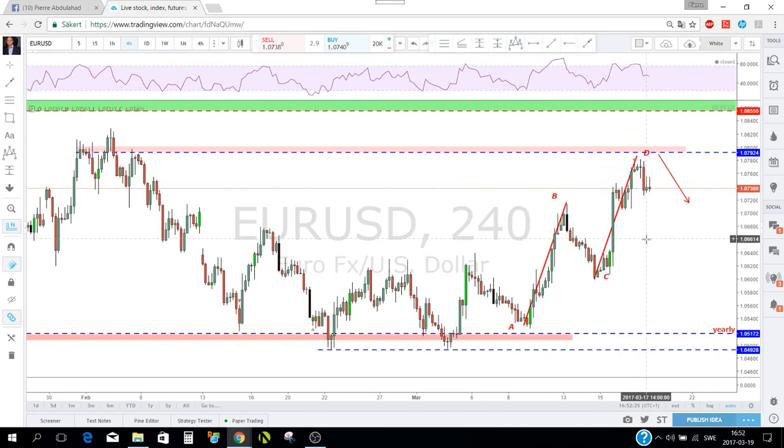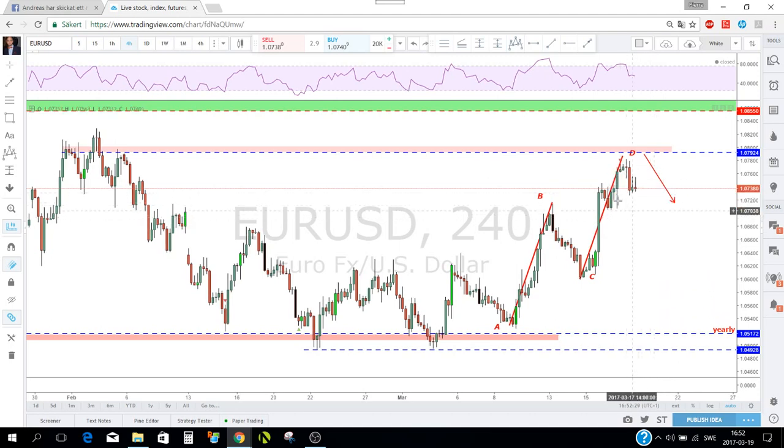But I don't think that this was the move I expected. This rejection happened a little bit early maybe, and now price halted at this structure up here. What I wanted to see last week was something similar to this: the price giving us a retest of the extremes of this one before starting to go down. So I don't think this was it.